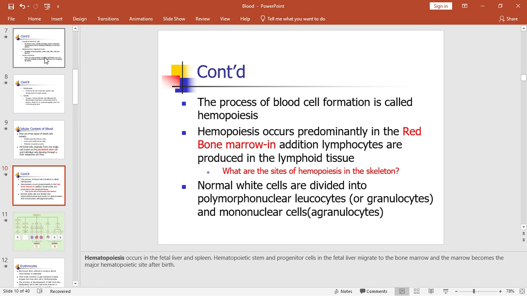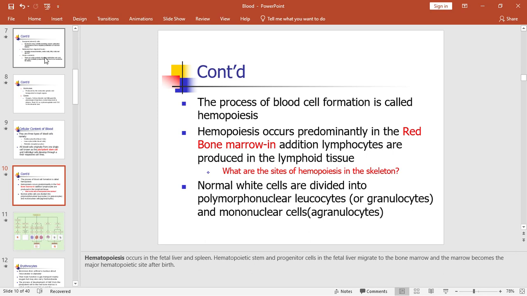But as you grow older, the process of hemopoiesis will only be reserved for the red bone marrow and no longer the spleen and the liver.